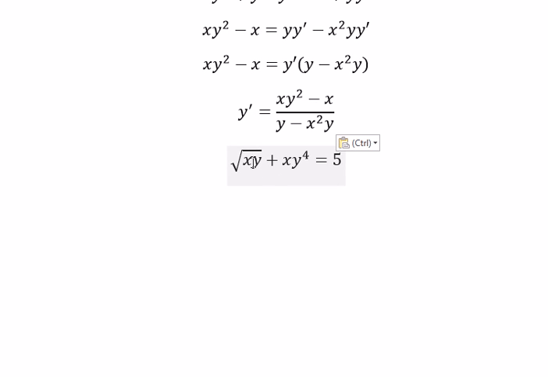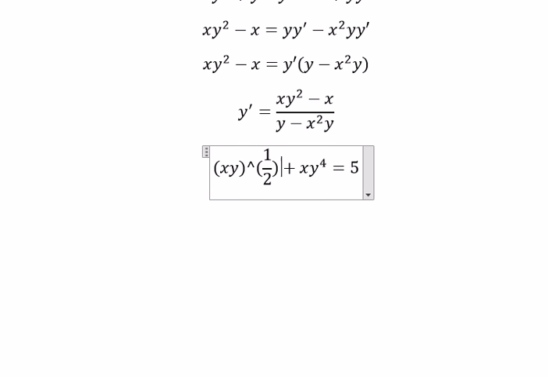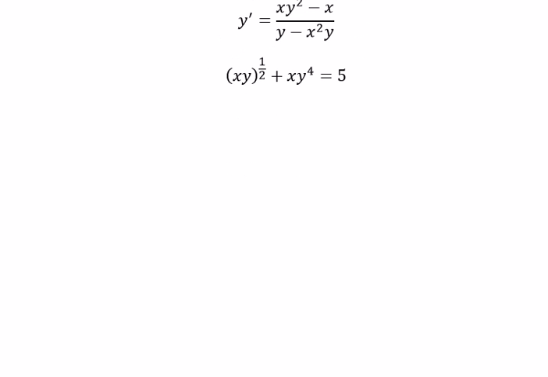And the last one, we have x squared, x and y under the square root, so we can write it as xy to the power of 1 over 2. Next, if we take the first derivative, we need to concentrate on x, and you get 1 over 2 x to the power of 1 over 2 minus 1 multiplied by the square root of y.